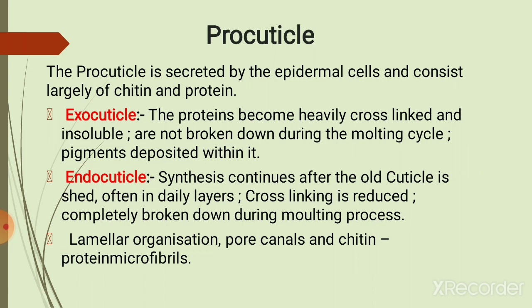The exocuticle proteins become heavily cross-linked and insoluble, are not broken down during the molting cycle, and pigments are deposited within it. Then endocuticle. Endocuticle synthesis continues after the old cuticle is shed, often in daily layers. Cross-linking is reduced, and it is completely broken down during molting processes.